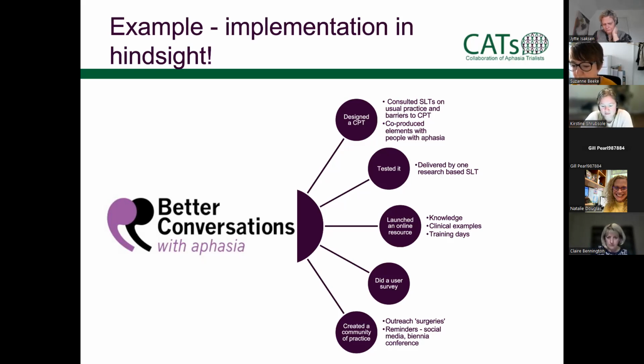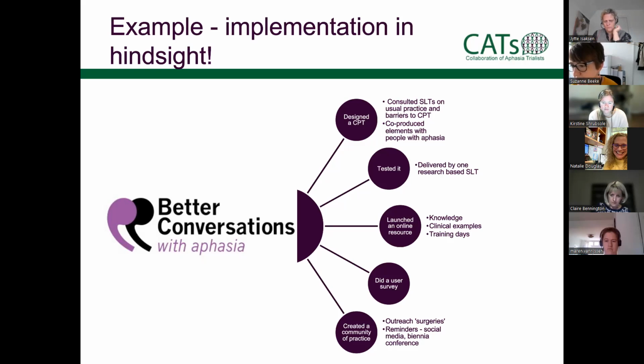And we also have and still continue to do lots of things around training SLTs, and just generally creating a community of practice, a group of people who are interested in Better Conversations with Aphasia and want to regularly hear about it and know more. So those are the kind of things that we did, and that happened over years. So that wasn't all part of one project.